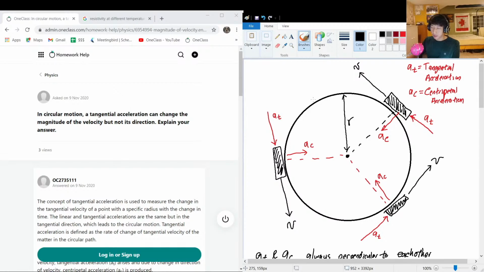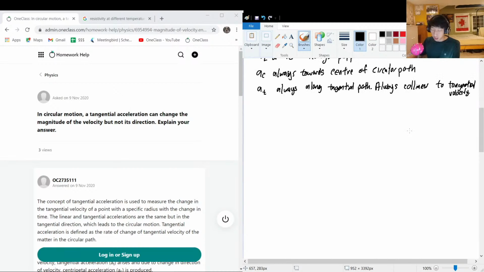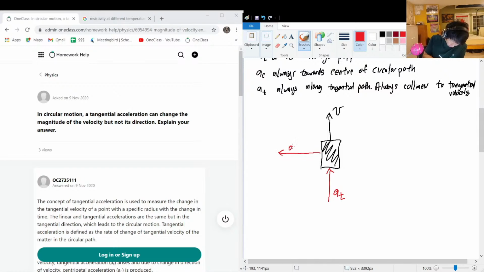The tangential acceleration would need to increase a little bit. But changing the tangential acceleration alone is not going to change the direction of the velocity, because maybe this is our car and this is our velocity here, and this is our tangential acceleration and maybe our centripetal.